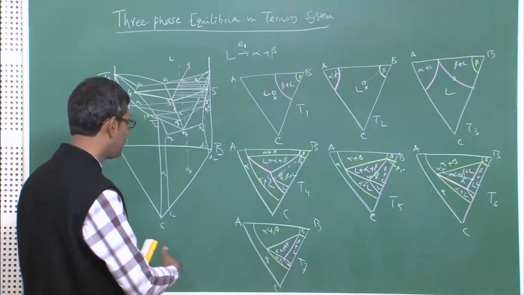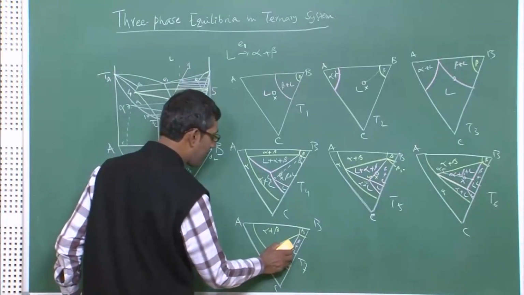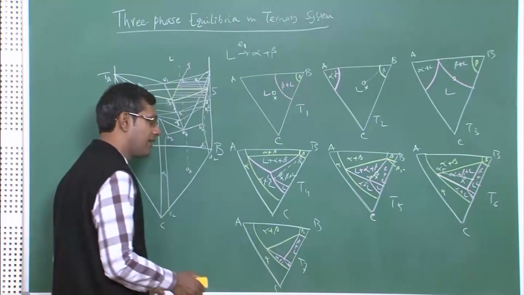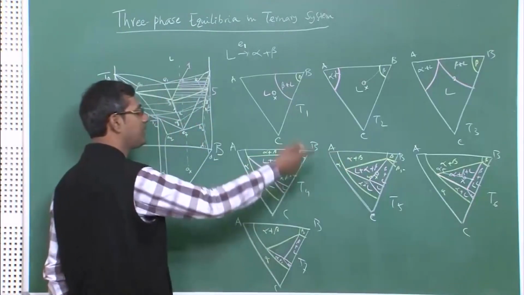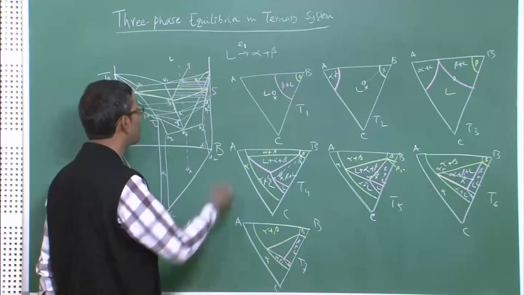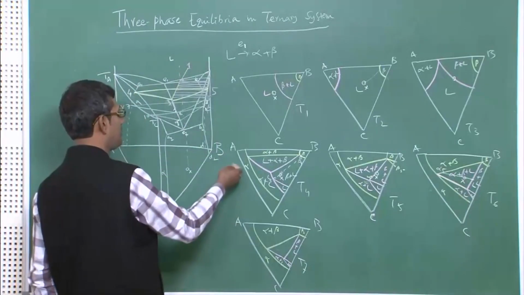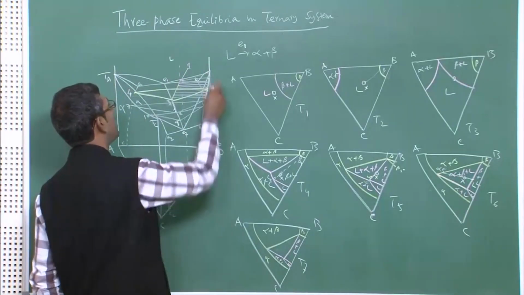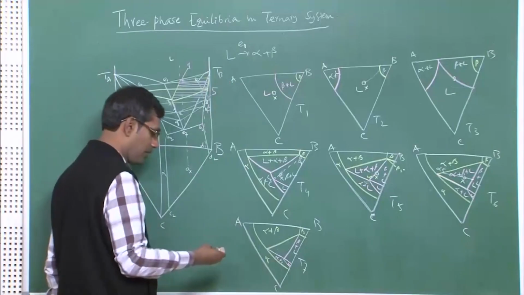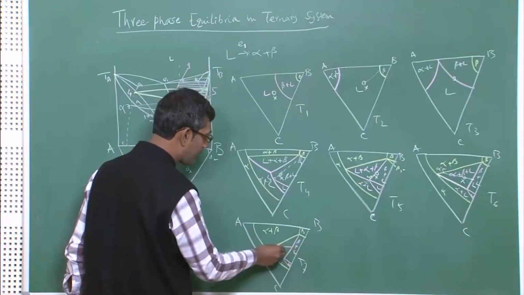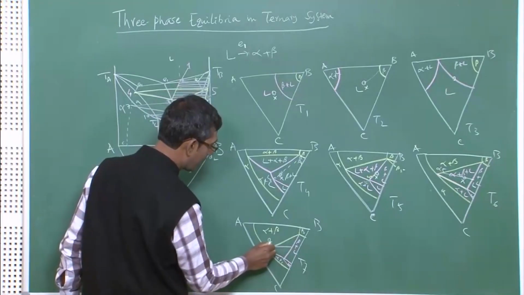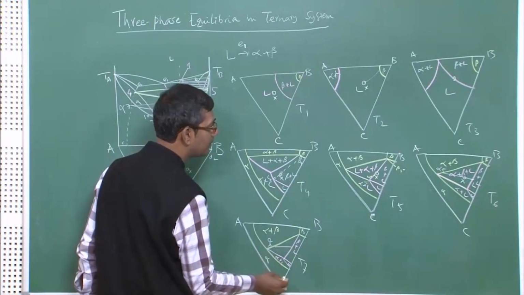Obviously, nothing will happen except that these tie lines will keep on rotating. They will rotate in an anticlockwise direction, because from B to A to C the melting temperature is decreasing. This is TB, which is the highest melting temperature. So, what is going to happen here is that it will tilt this way. So, this is my alpha 7, okay.